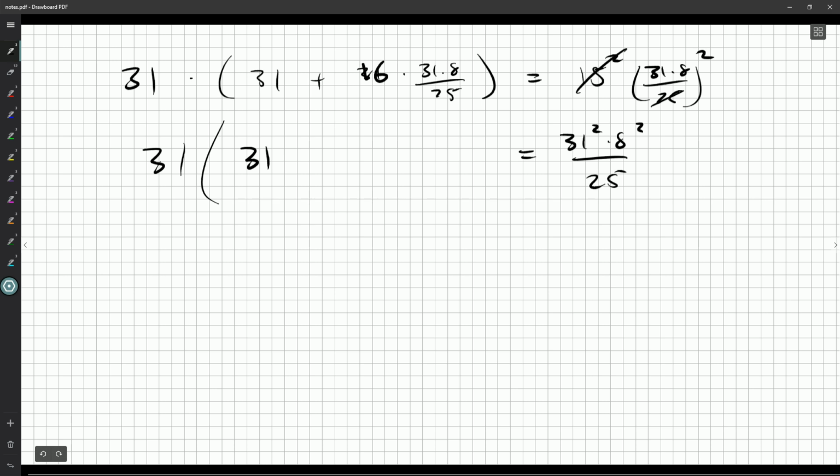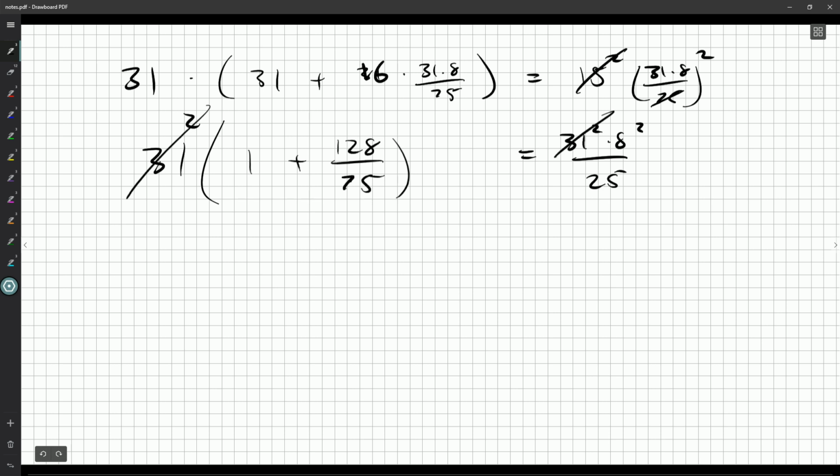I can definitely take out another factor of 31 here. And you get a 1 plus 128 over 75. So the 31 squareds go away.